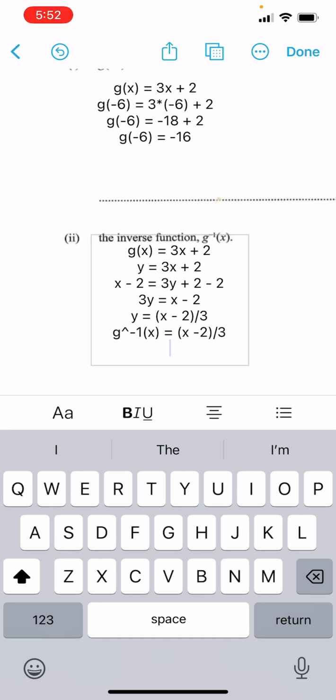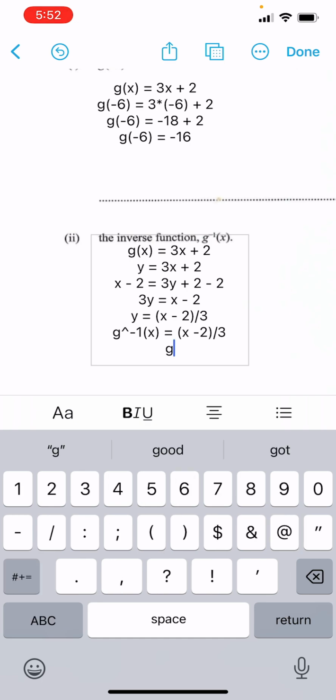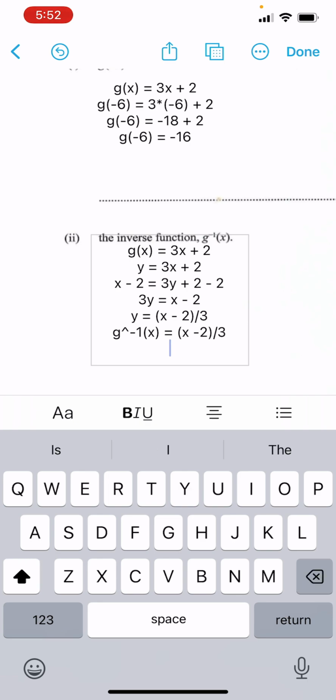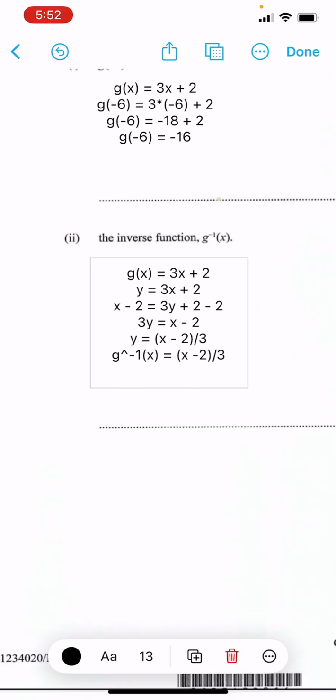Which in that case you would write inverse function of g of minus 6, and then you would plug in minus 6 into x, or anywhere you see x you plug in minus 6 and then solve the equation for that, right? But they didn't ask you for that. They just asked you to find the inverse function of g of x. So again, you could just leave it like that.